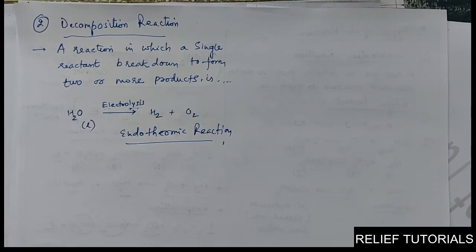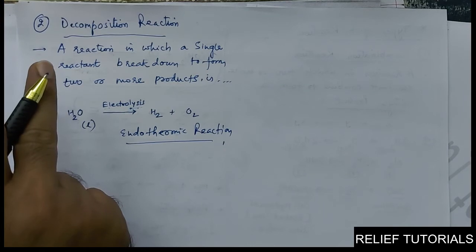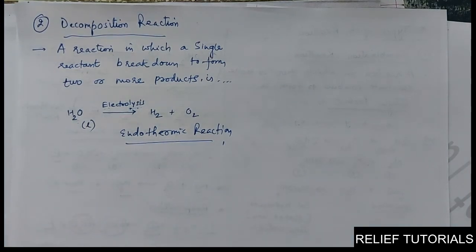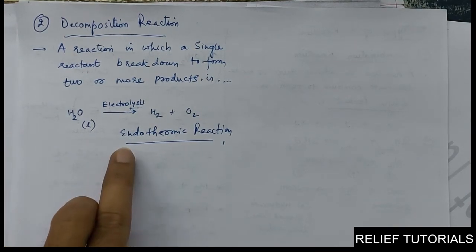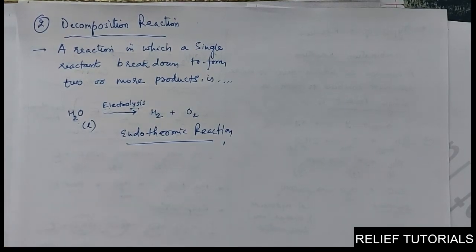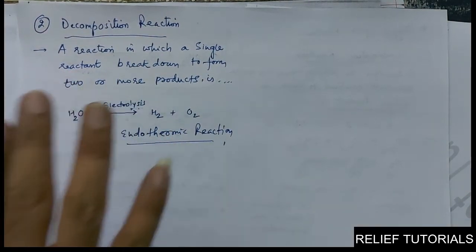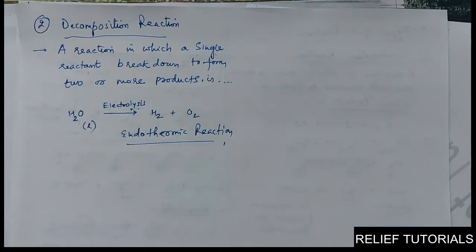Most of, I am not saying all, most of the decomposition reactions require energy to be implemented, and only then the substance will be broken into pieces, and such type of reactions are called as endothermic. So in short, we can conclude for now that most of the decomposition reactions are endothermic type of reaction.